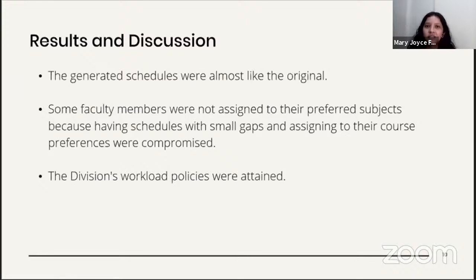Yung preferred subject, yun yung i-handle na nila ng sem na yun, dun tayo nagbase. So, may mga binigay siya sa ibang faculty members para ma-distribute talaga yung courses. So, the division's workload policies were attained.